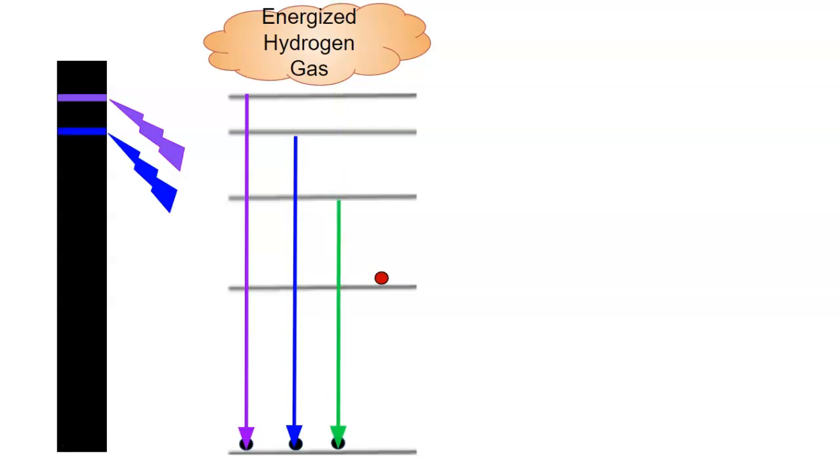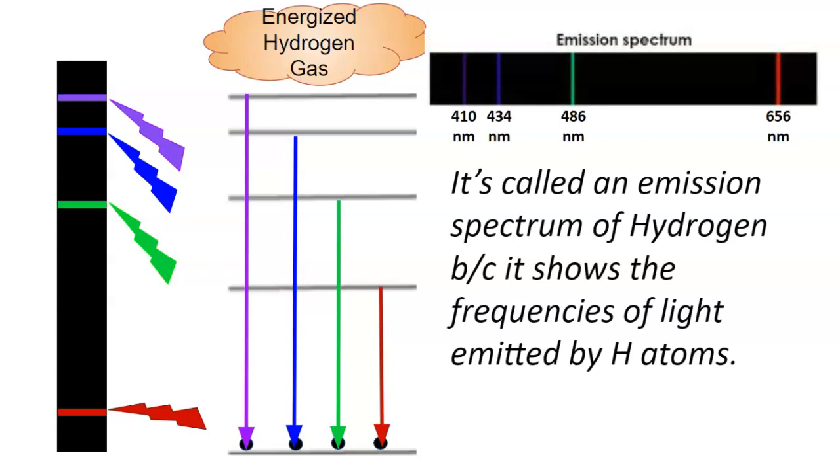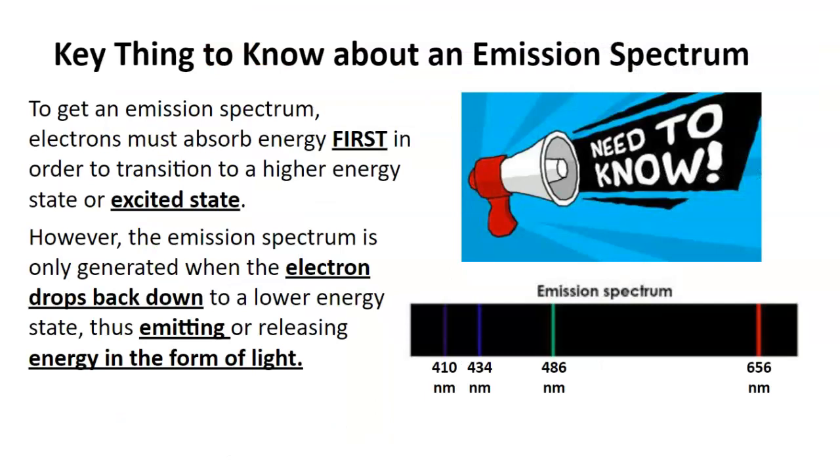Going from the 3rd to the 1st, maybe it emits green light, and so on. So an emission spectrum is generated when the electron drops down to a lower energy level and releases light that corresponds to that energy gap. And it's called an emission spectrum because it shows the frequencies of light emitted by that atom.